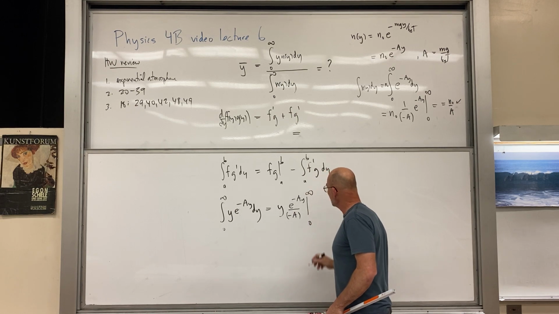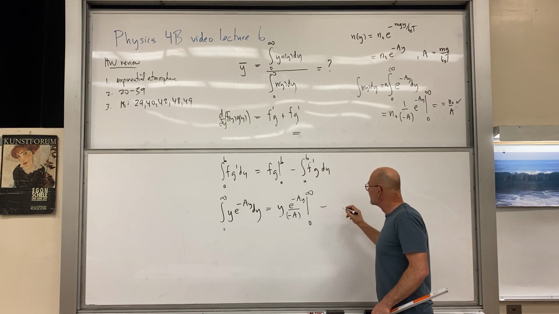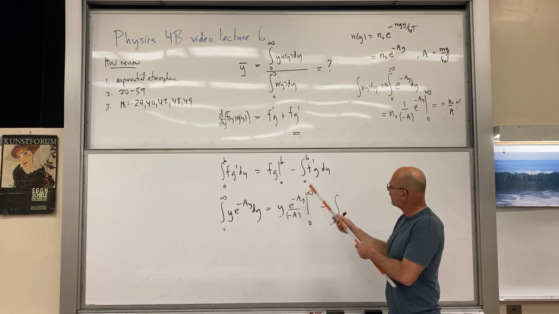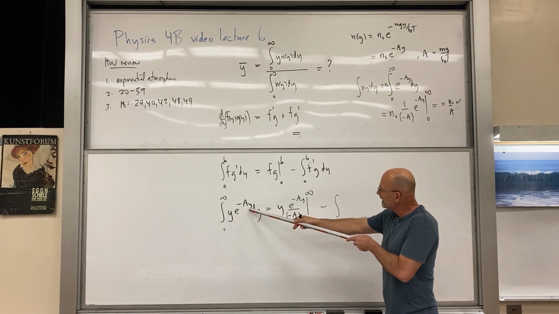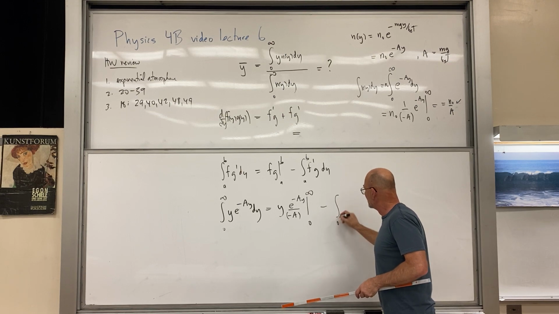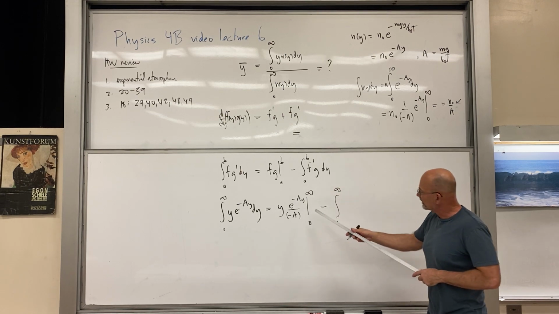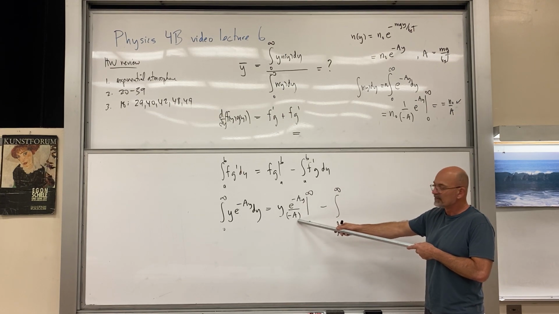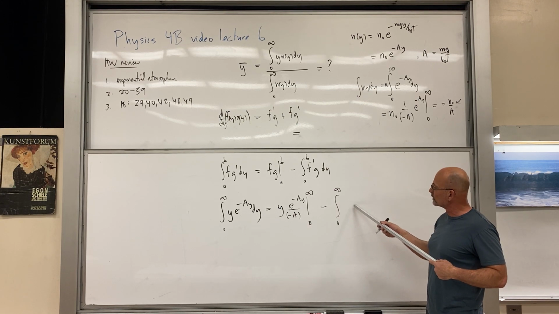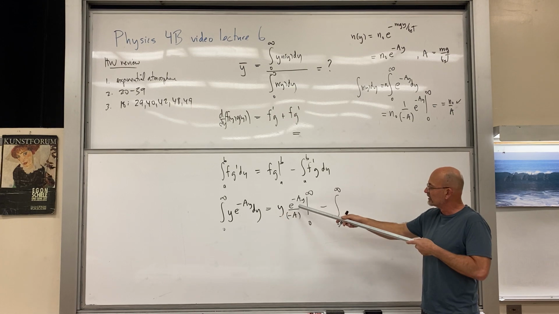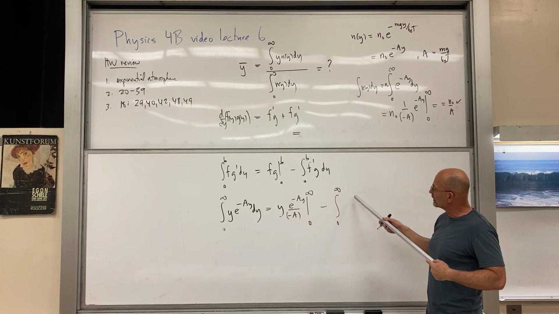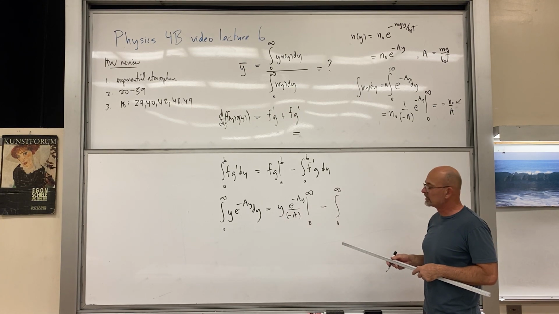0 to infinity, minus, now the f prime, since f was y, that's just 1, and then we have e to the minus ay, etc. So you're actually going to get another power of a in the denominator when you do this integral. But since f prime is 1, you're just going to have this under the integral sign.